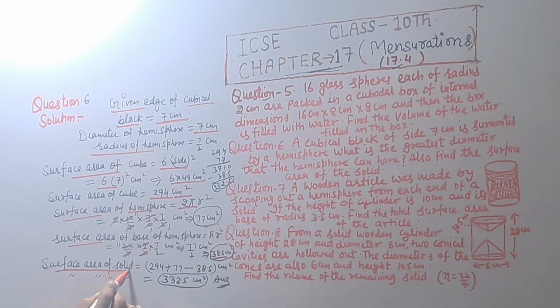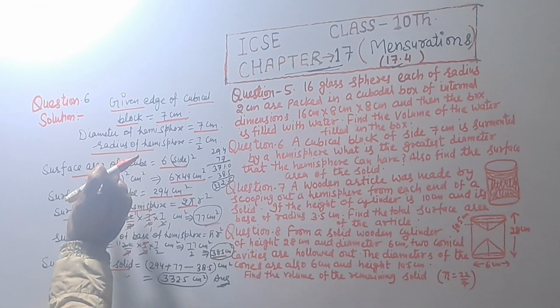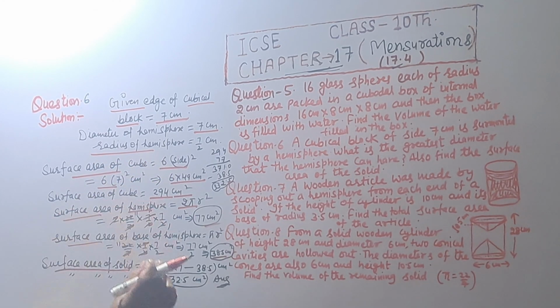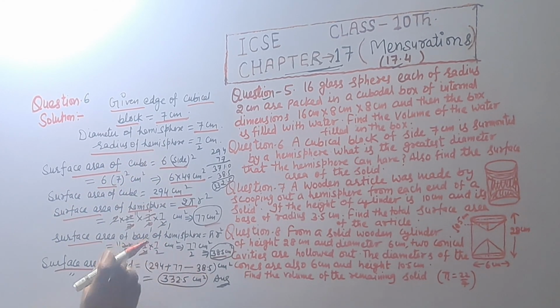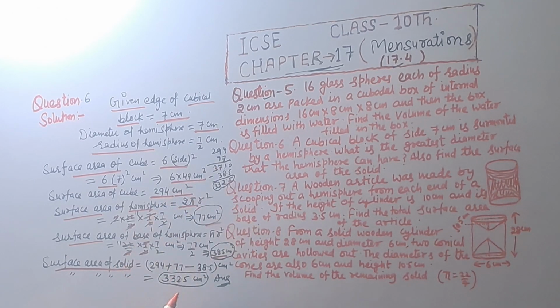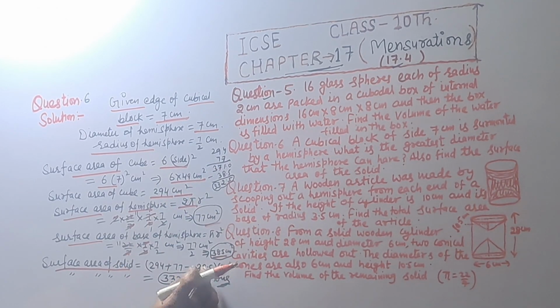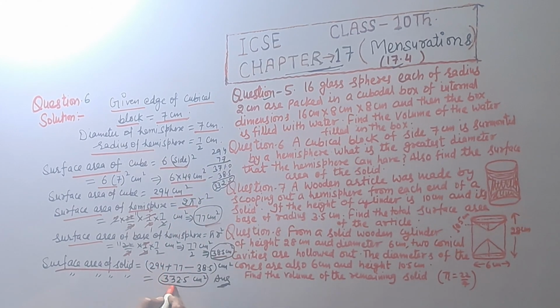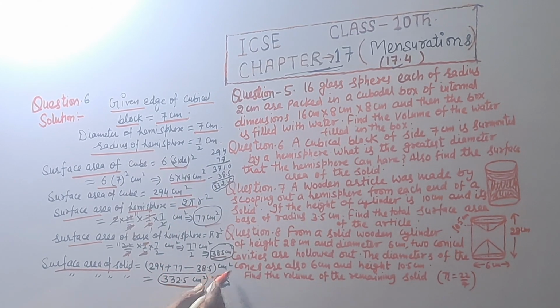And surface area of solid is equal to total surface area of cube plus surface area of hemisphere minus surface area of base of hemisphere, that is 38.5. Their sum is 371 minus 38.5, so we get 332.5 centimeter square. Answer.